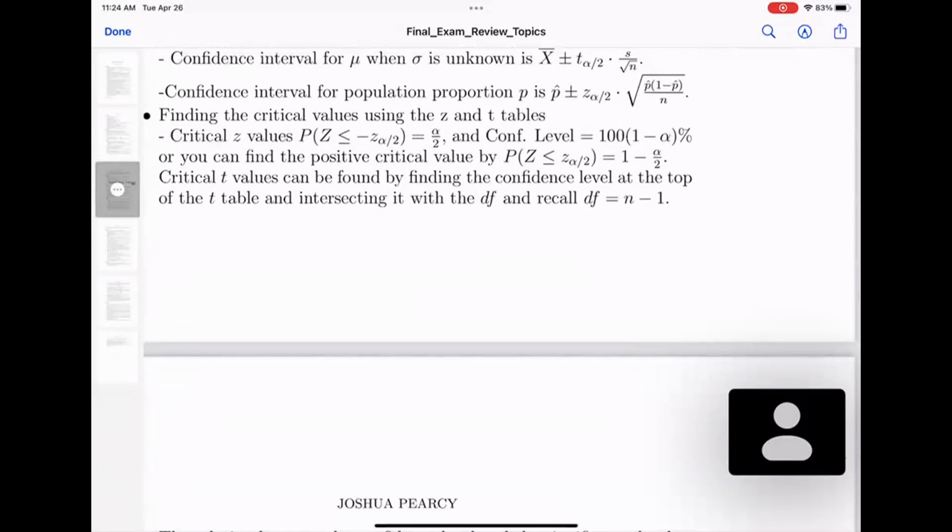Or you can find the positive critical value by using the probability of z being less than or equal to z alpha over 2 is 1 minus alpha over 2. Equivalently, you could say the probability of z being greater than or equal to z alpha over 2 is equal to what? If the area to the left is 1 minus alpha over 2, the area to the right is just alpha over 2.